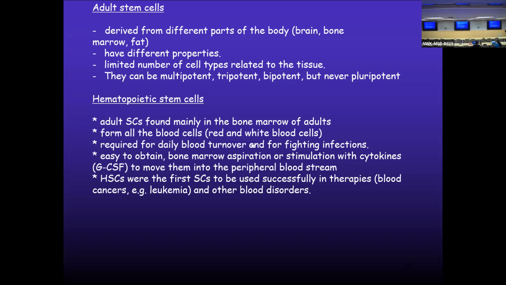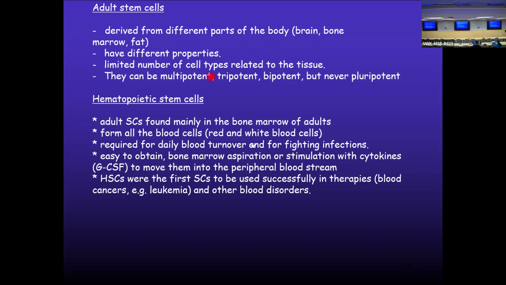Okay, so the adult stem cells are derived from different parts of the body: brain, bone marrow, fat, for example, adipose stem cells, neural stem cells, and we keep discovering new sources of stem cells. They have different properties, as I mentioned.